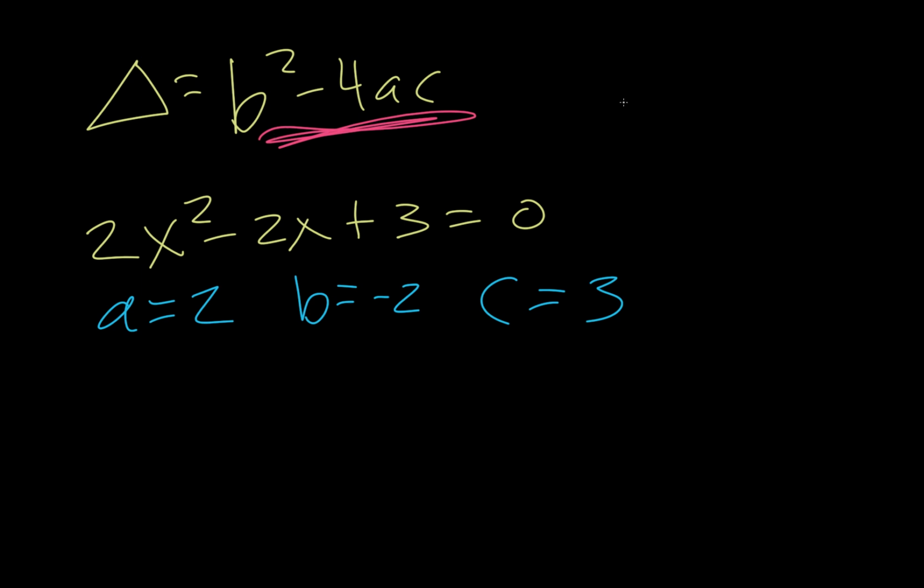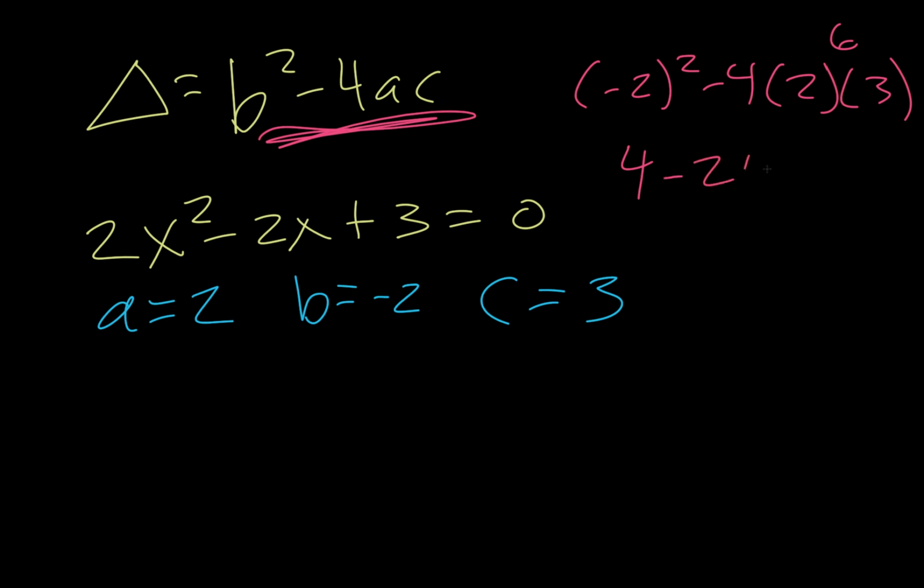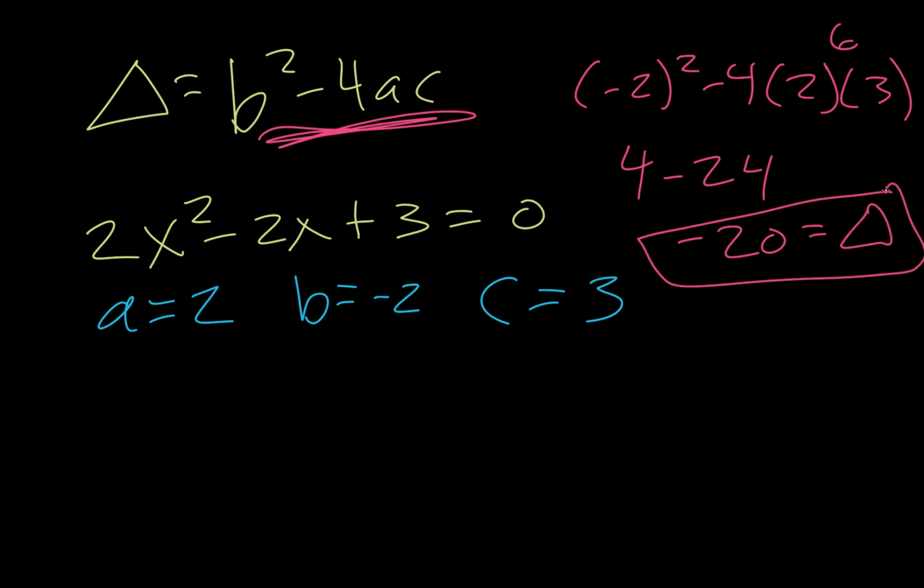So B squared, so we have -2 squared minus 4 times A times C. We simplify that, so that's 4. And then we multiply these out, so that's 6 times 4, which is -24. So we end up with -20. Our discriminant in this case is -20.